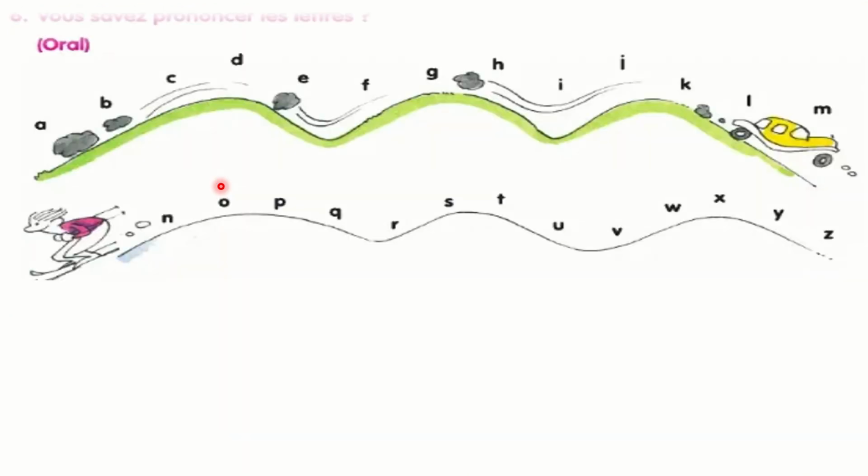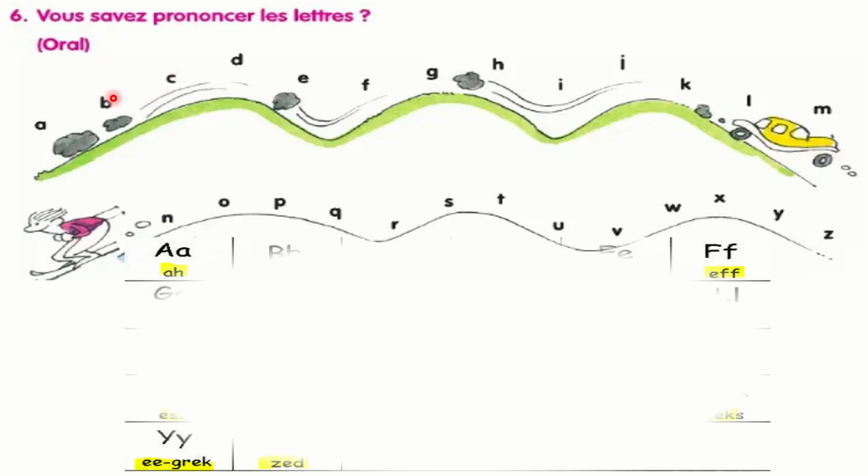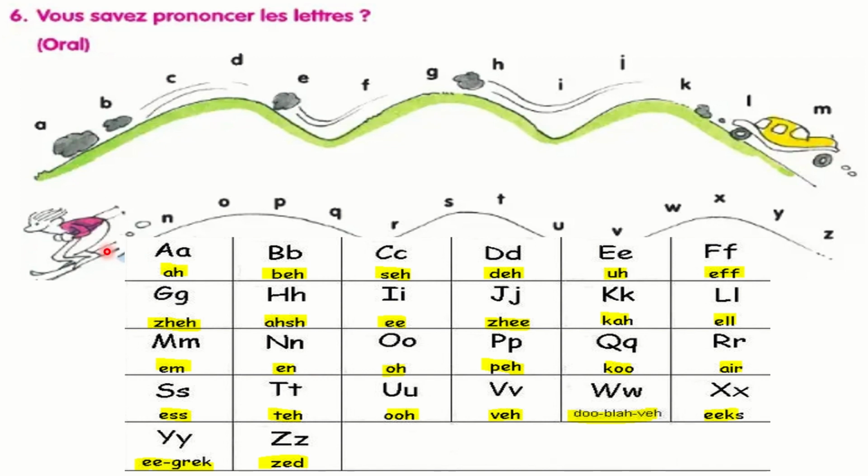So now let us move on to question number 6, that is, vous savez prononcer les lettres, that means, can you pronounce the letters? So this is an oral exercise. As you know, we have completed and covered it in the textbook of lesson 2, where we learned how to pronounce the French alphabet. They are the same as the English one, just their pronunciation is different. Here I have given you a grid related to the same. Today I am only going to read the French pronunciations.